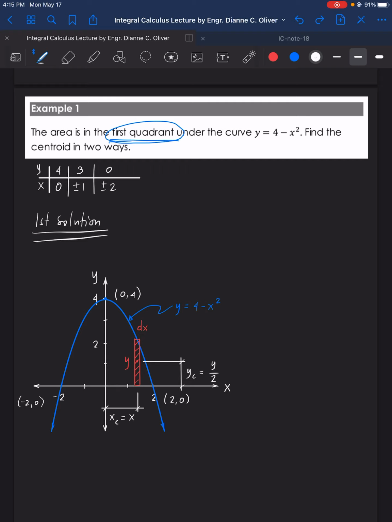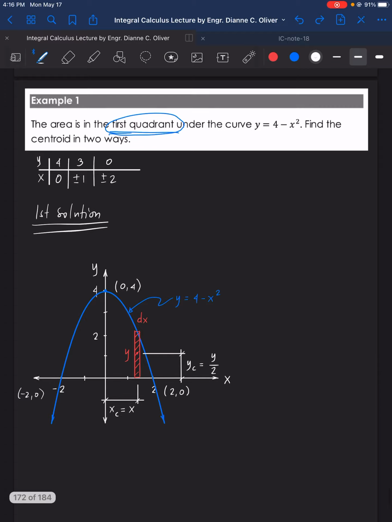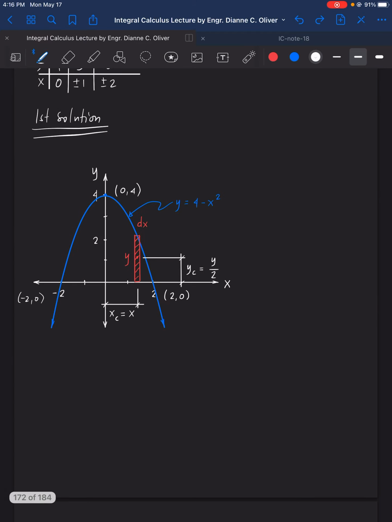Let's solve for the area first. To find the area, we have dA is equal to y dx. Therefore, area here is equal to integral of y dx from x1 to x2, because we're using dx.